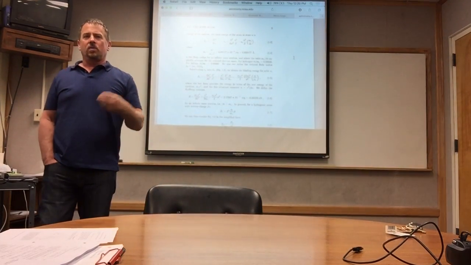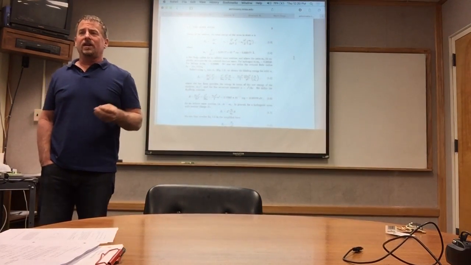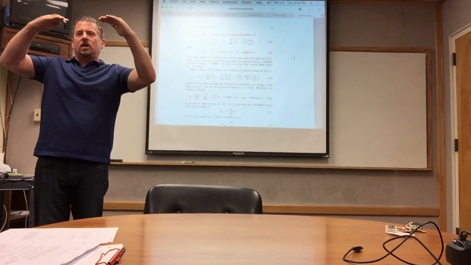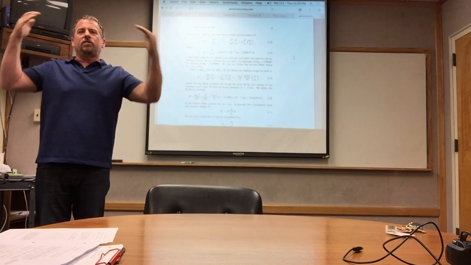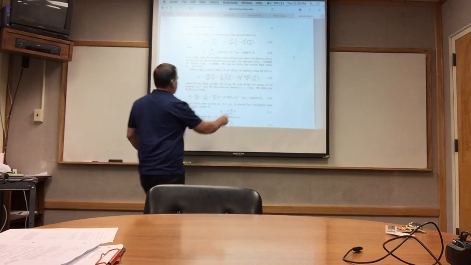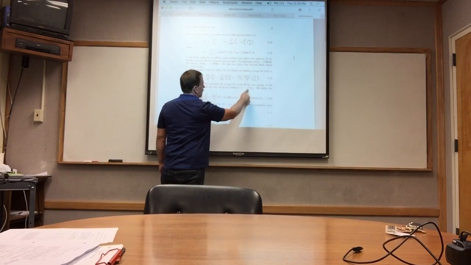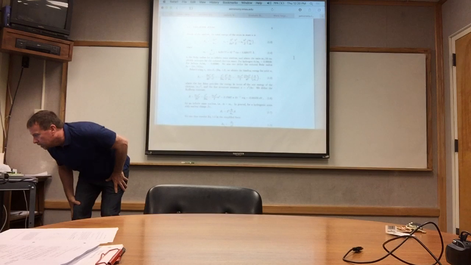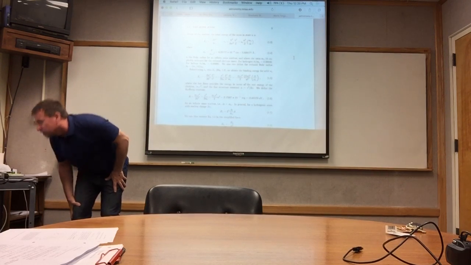That's why it got its fine structure constant name. We're going to find out that these various splittings are a function of various powers of alpha, where alpha, again, is given by e squared over h bar c.